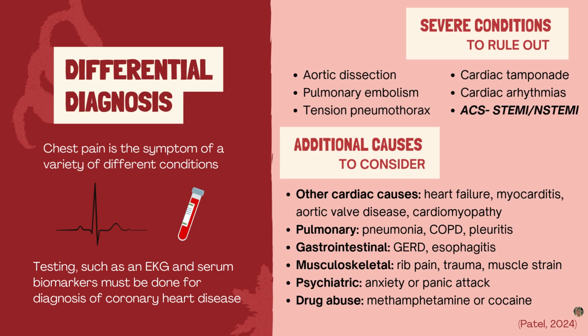Pneumonia can cause chest pain, a COPD flare-up, pleuritis. One we really see in the emergency department is GERD, and patients present with this crushing chest pain, and it's actually acid reflux, which, if patients haven't experienced before, can feel pretty similar.